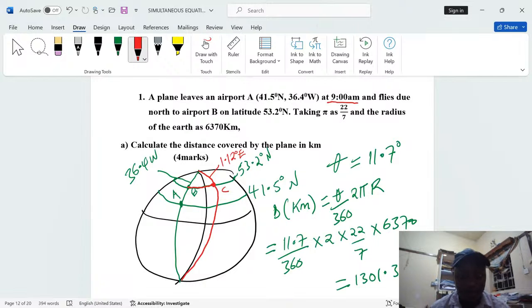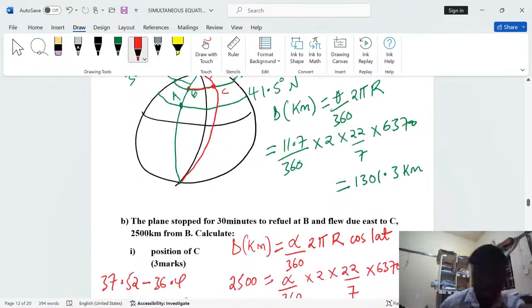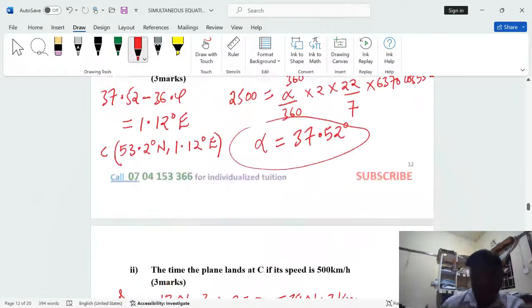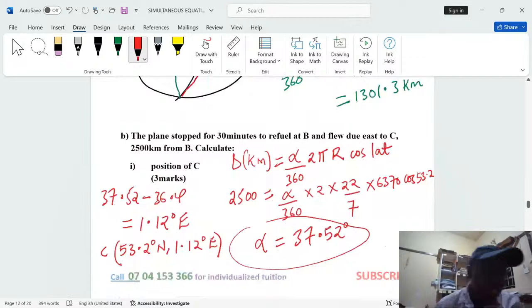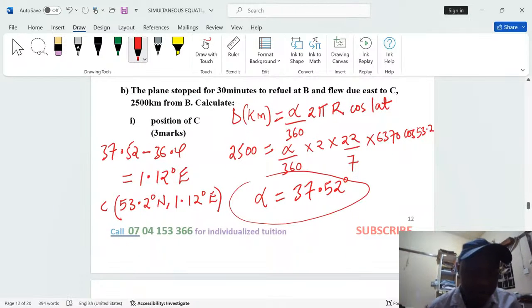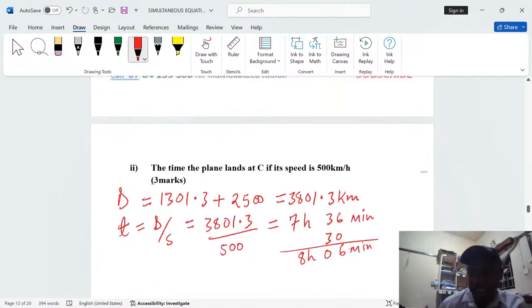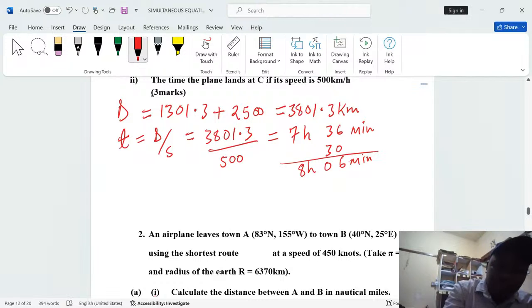Therefore, we first of all get the time at C, which is equivalent to 9 a.m. at A. So time at C, when the plane was starting the journey, remember the longitude difference has already been obtained as 37.52. And now we have to say that 1 degree equals 4 minutes. What about 37.52 degrees?